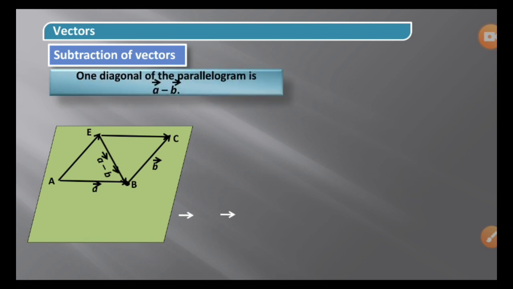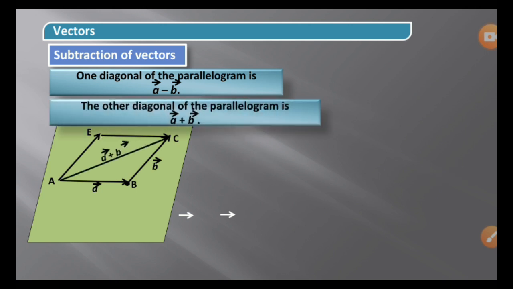So this is the concept. One diagonal of the parallelogram is vector A minus vector B, and we consider the other diagonal, which is the vector A plus vector B. Therefore, the diagonals of a parallelogram are the A minus B vector and also the A plus B vector.